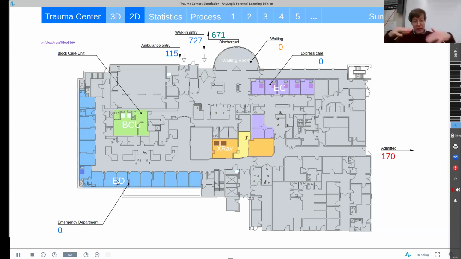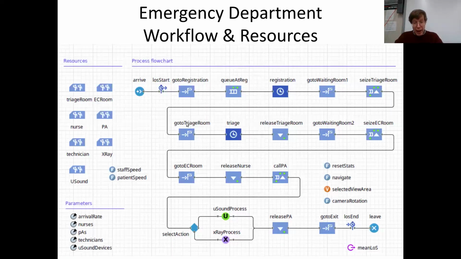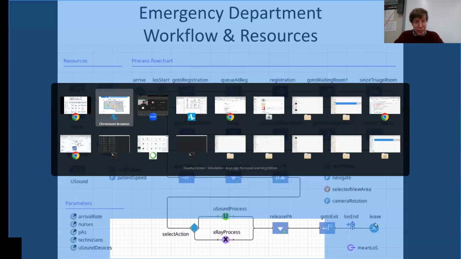And all of that leads to the time that an entity spends within this structured workflow being different depending on availability of resources, placement of resources, et cetera. And we can examine that.